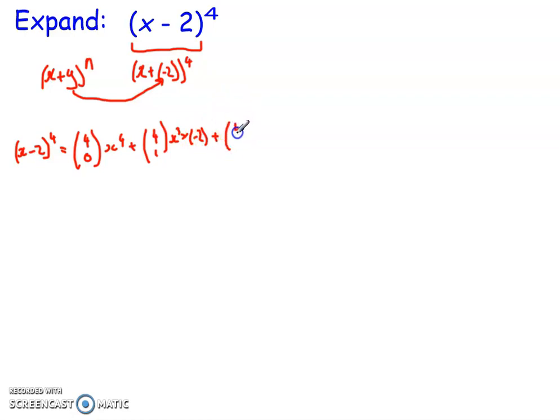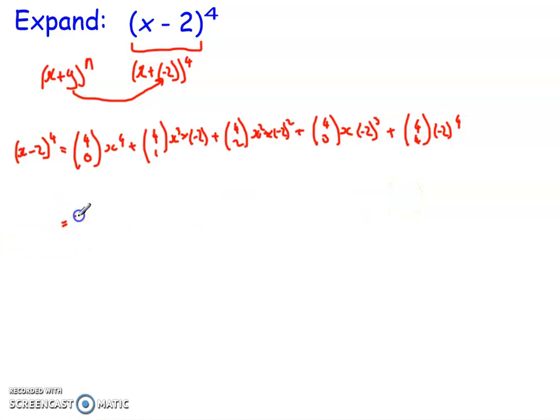I've then got plus 4C2, x squared, times negative 2 squared. The next term is then given by plus 4C3, x times negative 2 cubed, then plus 4C4 times negative 2 to the power of 4. So then calculating each of these coefficients, multiplying it all through, and then we've got our expansion.